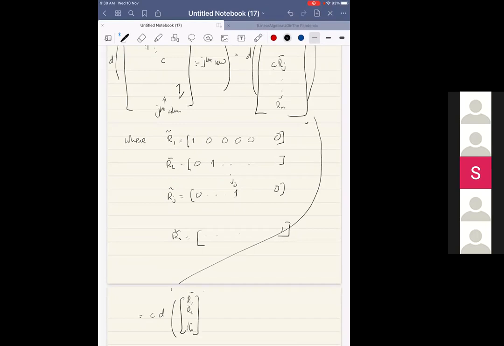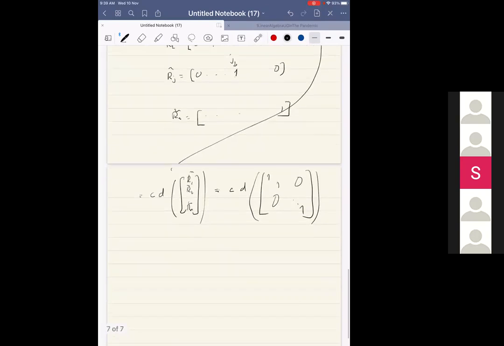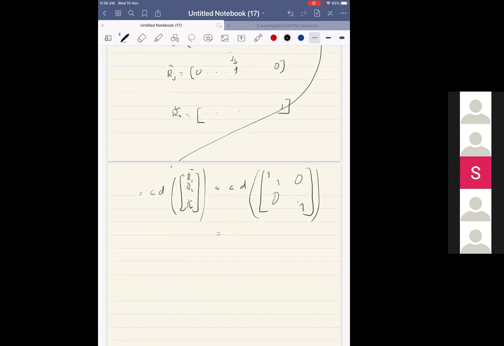Very good. But what is this matrix that I have written in the row vector form? This is just D of the identity matrix. But we already know the value of D on the identity matrix. It's 1. So this is C into 1, which is C.